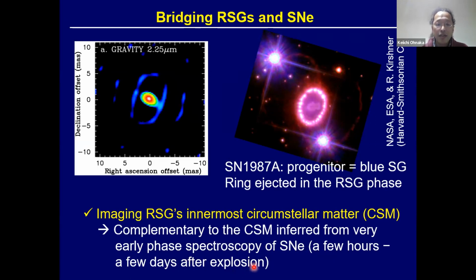So these data allow us to see the circumstellar material close to the progenitor star, the last phase just before the explosion. So the red supergiant study is very complementary and bridges to the supernovae research.